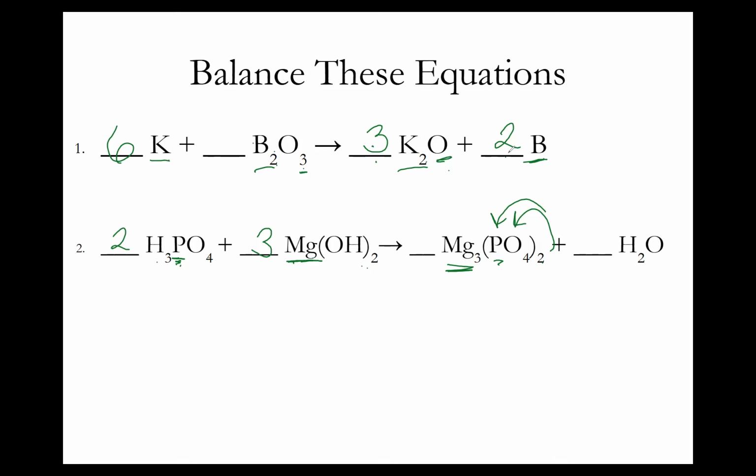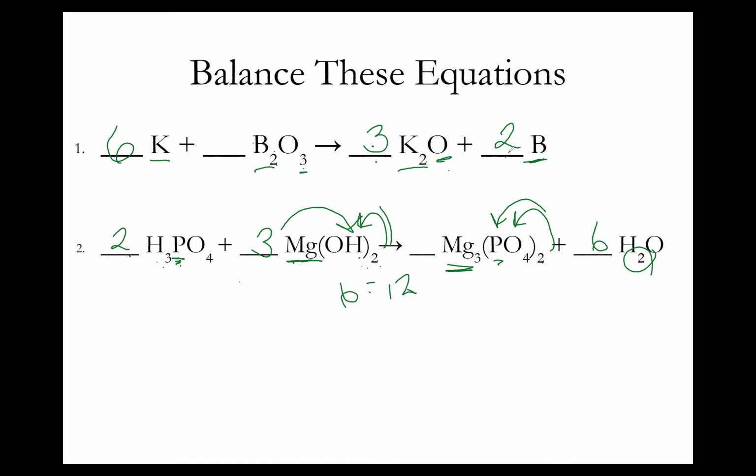Here I have 2 times 3, which is 6 hydrogens, plus I have to put both of these distributed. So this is 3 times 1 times 2. So that's 6. So I have a total of 12 hydrogens on the reactant side. Here, I only have 2. So what times 2 gives me 12? That would be 6.